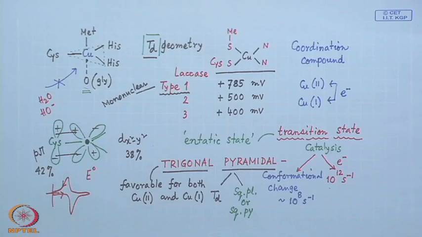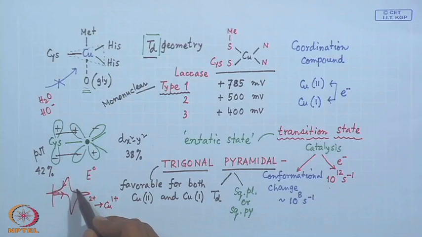The pattern of the cyclic voltammogram will tell you whether there is a conformational change or not during this electron transfer. Suppose we are going for a copper 2 plus to a copper 1 plus reduction. This is basically a cyclic process, and when both the geometries are interconvertible, only then do you get a very symmetric cyclic voltammetric response. Otherwise, your response will not be symmetric in nature.